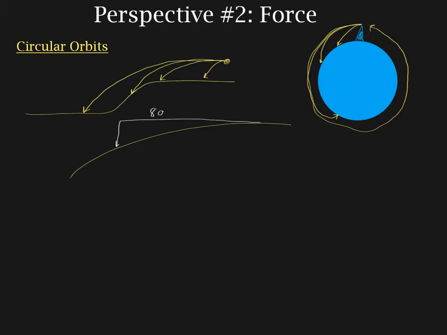So this is 8,000 meters straight out, and this is 4.9 meters straight down. So basically what we're suggesting here is that if you can make something travel near the surface of the Earth at 8 kilometers per second, which is approximately 5 miles per second, then the object will be in an orbit.